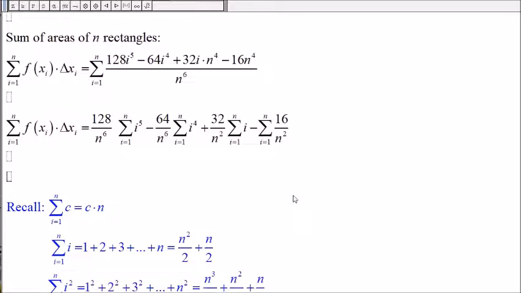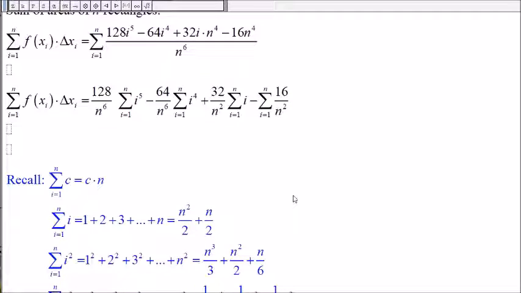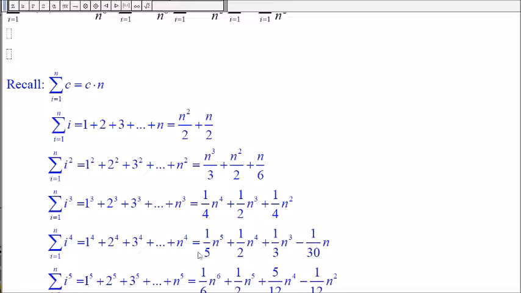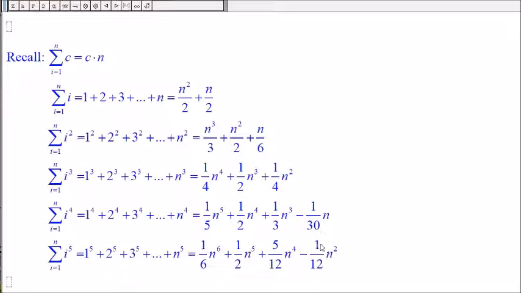And then the formula for the summation of i is n squared over 2 plus n over 2. And then for the summation of i to the fourth and the fifth, we have these formulas.